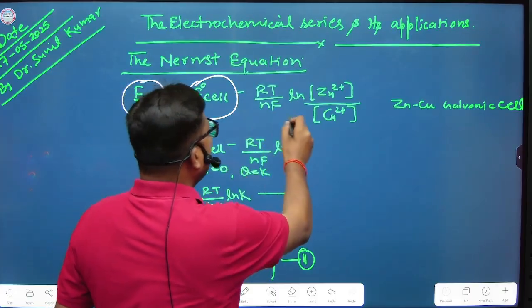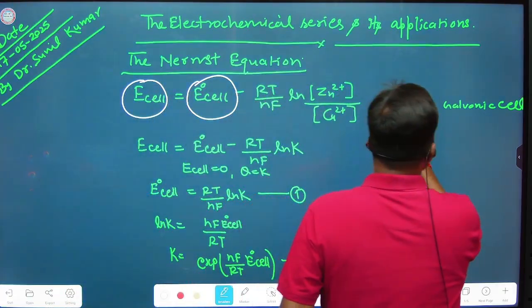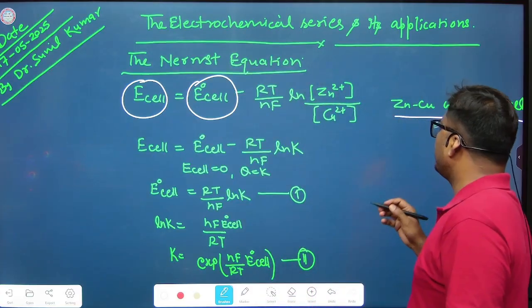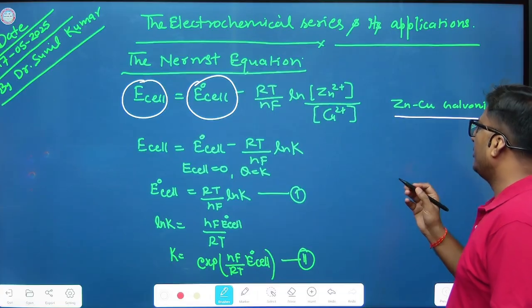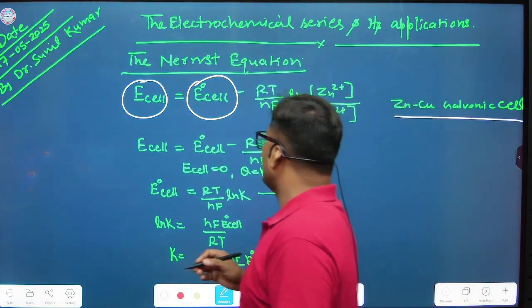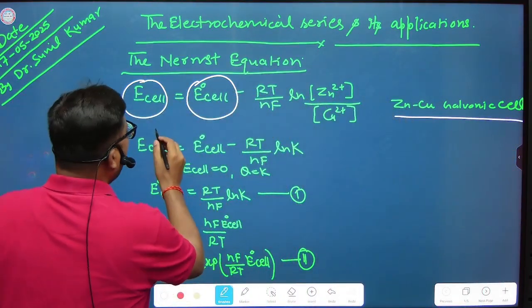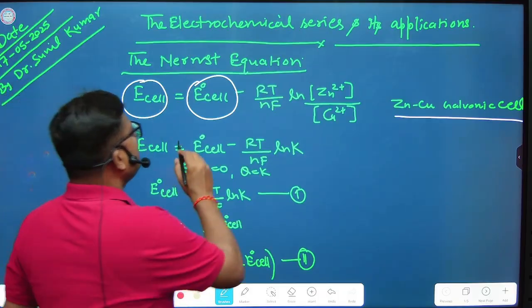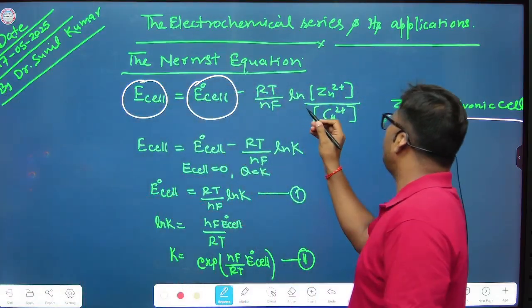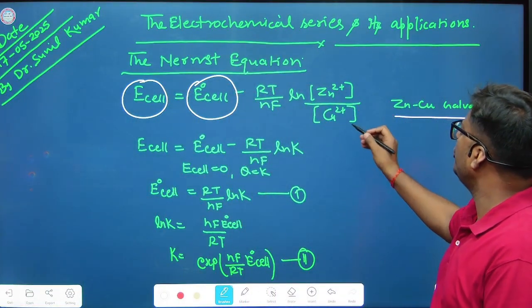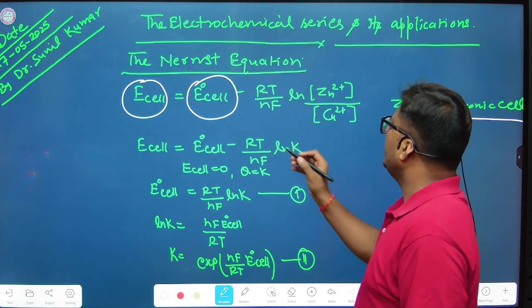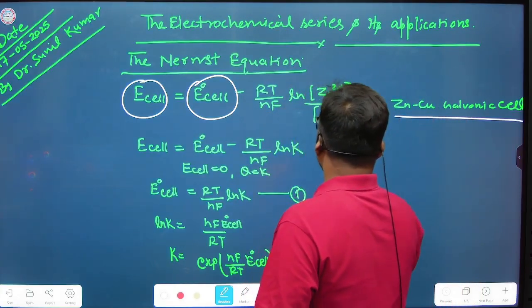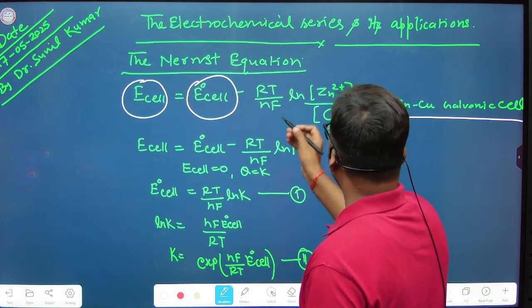So this is the Nernst equation for the zinc-copper galvanic cell, which was explained in the previous lecture. What you observe here is E cell equals E naught cell minus RT upon nF ln of Zn2+ over Cu2+. This can be understood by graphical representation.